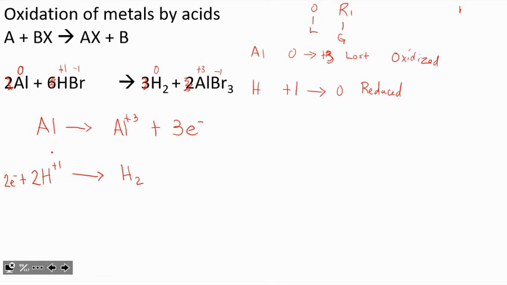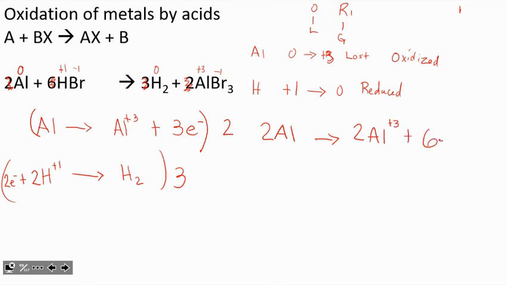So what we need to do is we're going to need to find the least common multiple between these 2 values. And the least common multiple between these 2 would be 6. So we're going to multiply everything in this equation by 2. We're going to multiply everything in this equation by 3. So our half reactions, when we break these out, we're going to have aluminum. We're going to have 2 of those. Yields, we've got 2 aluminum on this side with a +3 charge, plus now 6 electrons.